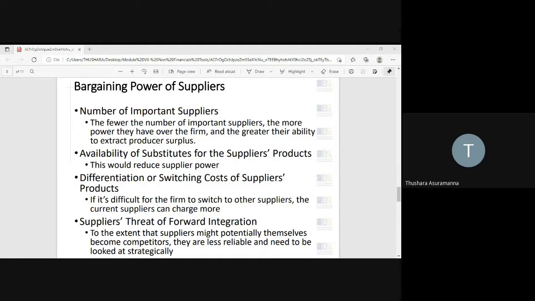The fourth one, supplier threat of forward integration. What is that? You are trying to source raw material or WIP, half-done materials, from supplier A, and then you do some value addition and sell to your end users. However, the suppliers might think, why should I give raw products to companies? Can't I acquire a manufacturing company and start my production there?